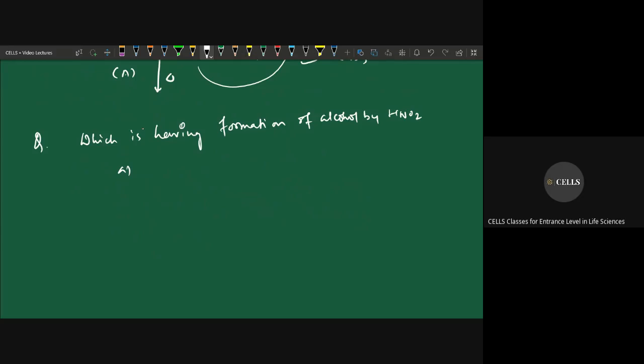Option A, CH3 CH2 COOH. Option B, CH3 NH2. Option C, CH3 CONH2. Option D, CH3 NHCH3. What will be the correct answer? Tell me in the chat box.